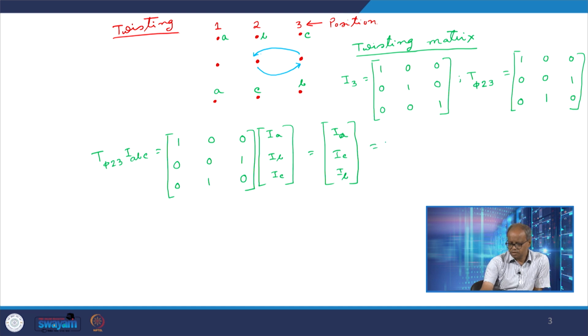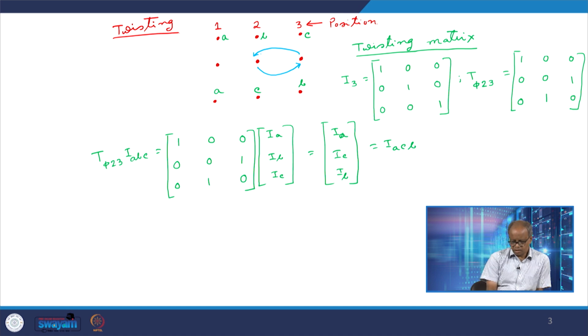That means it becomes IACB. So you see these two conductors B and C have interchanged their positions. So this matrix T_φ23 mathematically reflects the twisting operation.